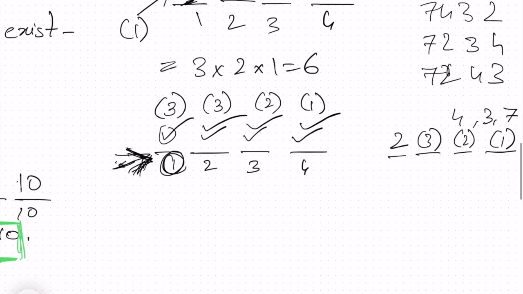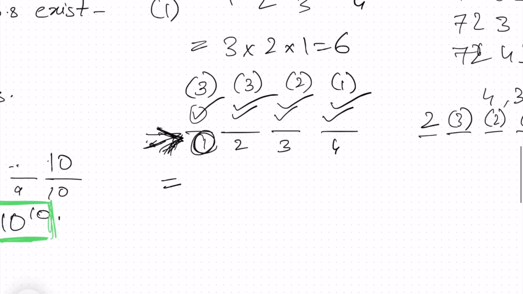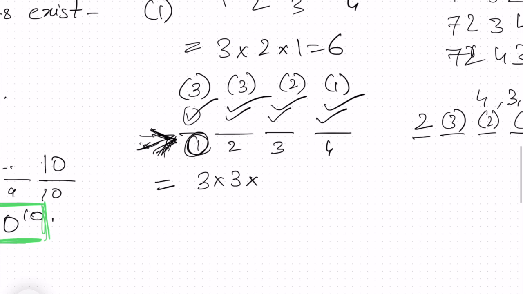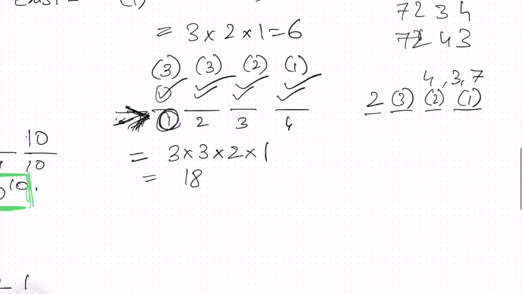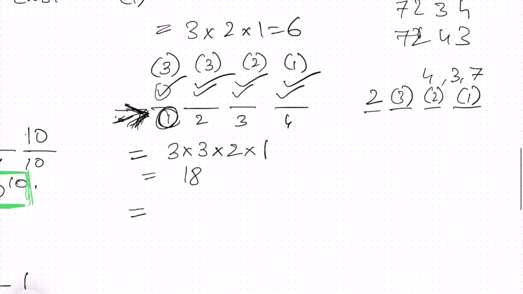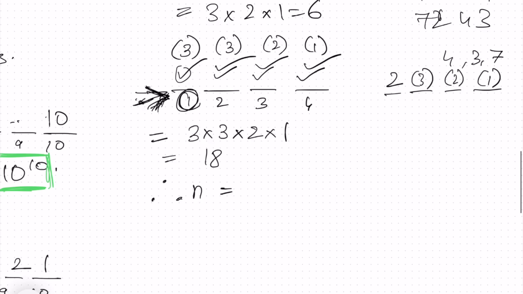So 3 into 3 into 2 into 1. Again, because I have to do all of these tasks simultaneously of filling all the places, 3 into 3 into 2 into 1, 18. So our answer is n equal to 6 plus 18, 24.